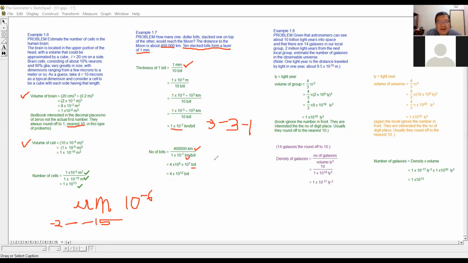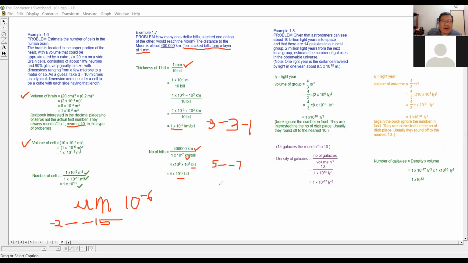It means the indices, they are 5. Divide means minus. Minus what number? Minus negative 7. So finally, the index is 10 to the power of 12.